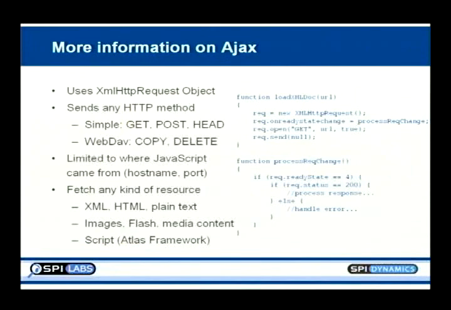So the crux of AJAX is this fun little thing called the XML HTTP request object. Essentially, you can send any HTTP method you'd like. I've got a little piece of JavaScript over here. Basically, you instantiate the object, and you give it a callback function. You say, hey, when you're done with this request, call process request change. And then you say, do a GET request to some URL.